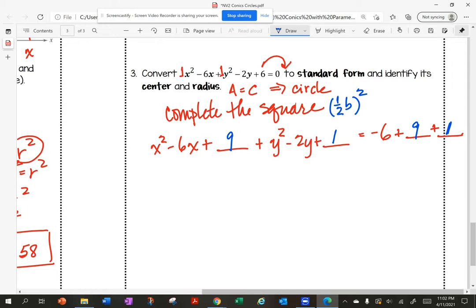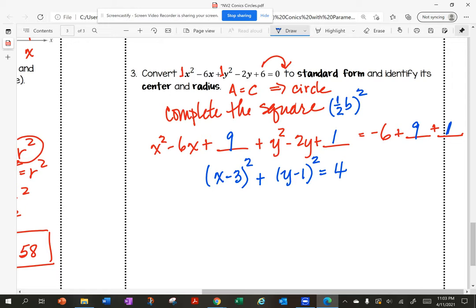Okay, so when I'm rewriting this now, this gives me a double root. So this is going to be x minus 3, which is half of the b value, quantity squared, plus y minus 1 quantity squared, and negative 6 plus 9 is 3, plus 1 is 4.